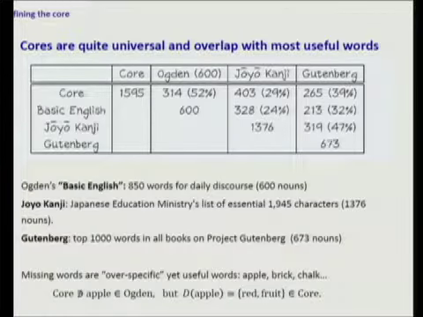Some words are missing, but at least we have some understanding for why. Some words are very common but very specific, like apple, brick, chalk, and they do not belong to loops. They're still very common, but they appear outside the core, and this is why they're missing in the core of the dictionary.